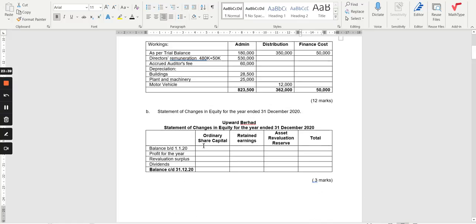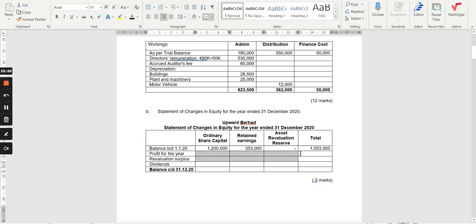Done. We move on to the next section, the changes in equity that is reflected in the statement of changes in equity. You will see that there are no balance for the ARR.